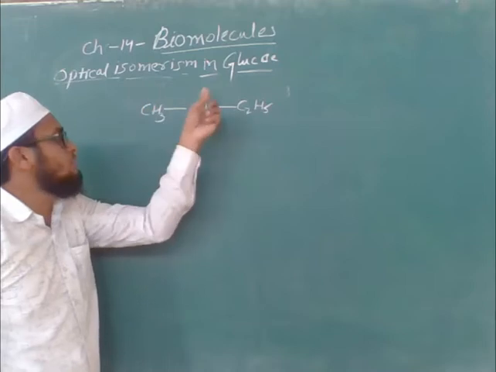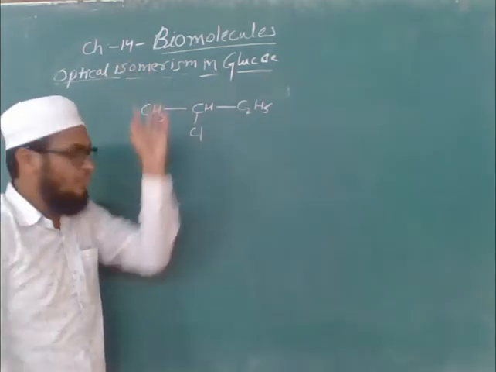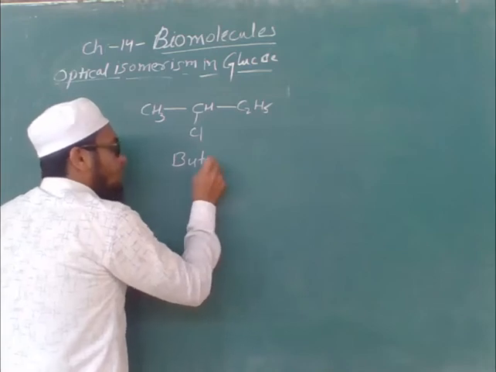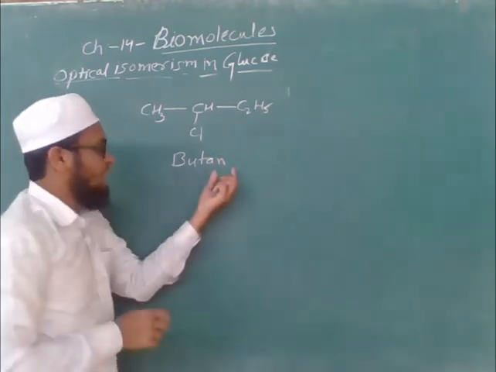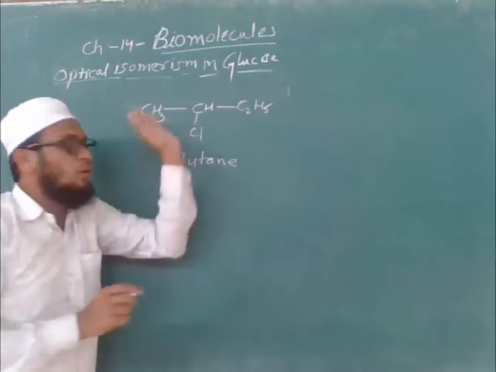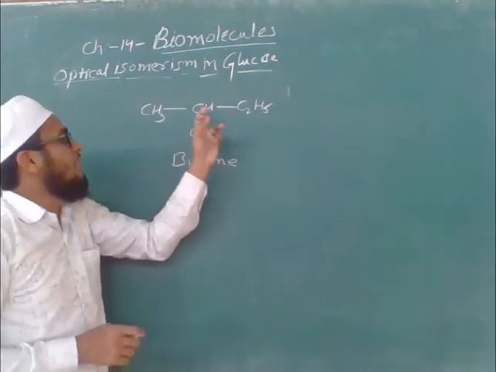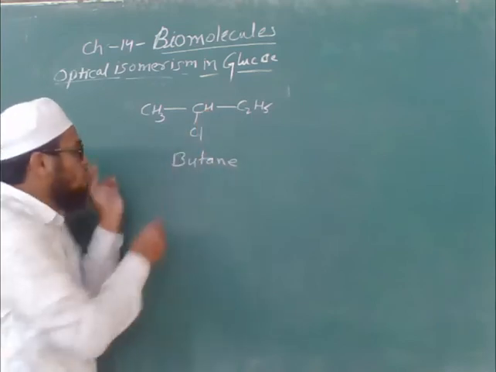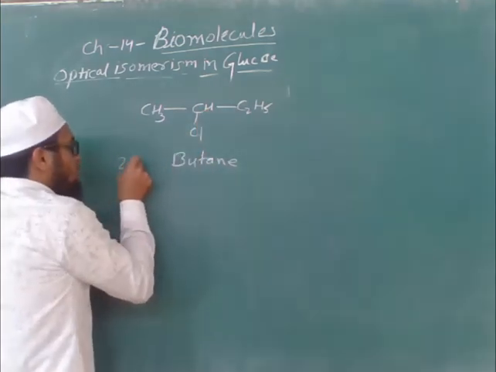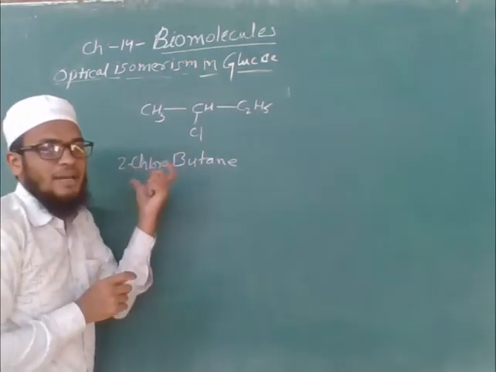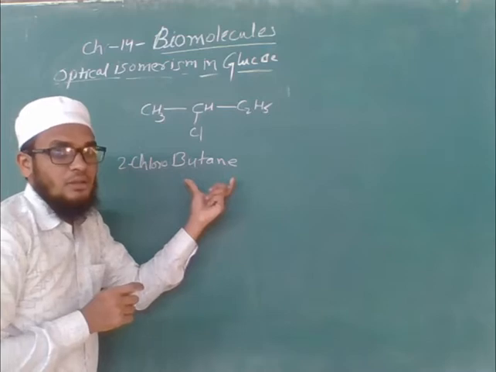It has 4 carbons, meaning butane. At the 2 position, it has a chlorine group. So 2-chlorobutane. Its name is 2-chlorobutane.